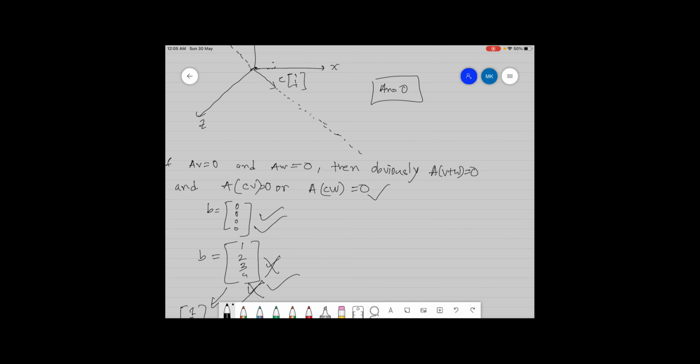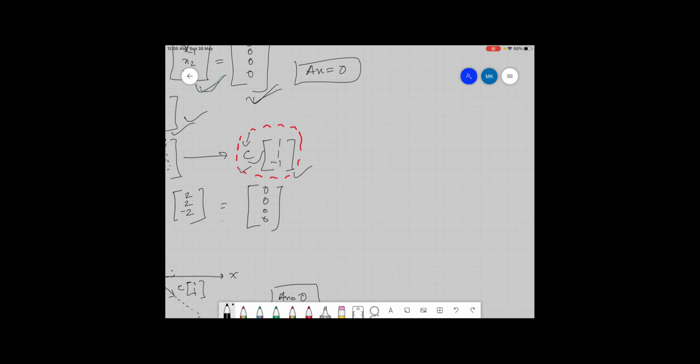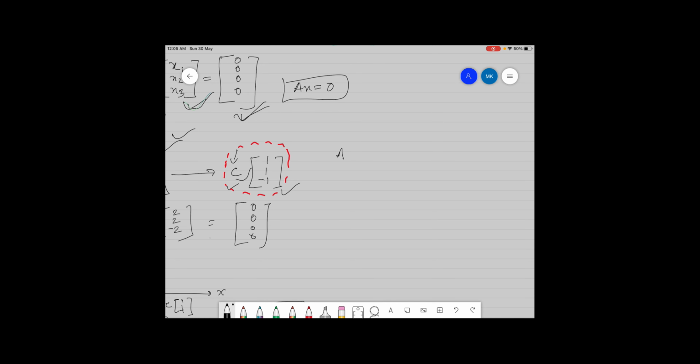And for any other, you can take a rectangular matrix A, and you can check that the solution set for Ax equals 0 will always give you a subspace or a vector space itself, which is called the null space.